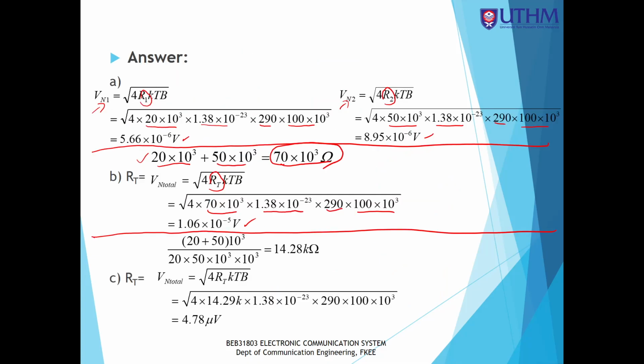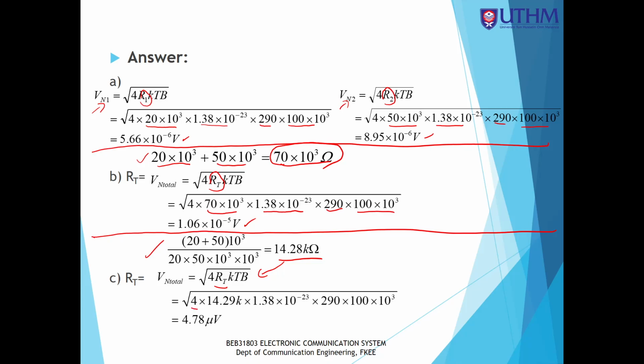Here in the answer already given, the R total is equal to 14.28 kilo ohm. So you can put inside the equation. The total noise voltage for resistors connected in parallel is equal to square root of 4 times R total in parallel multiplied with KTB.